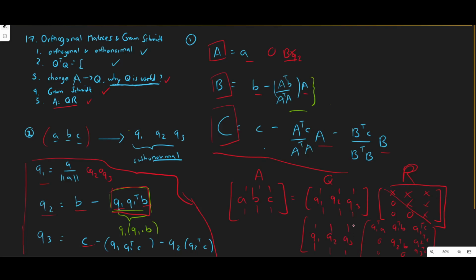Let me write this down. So that's all that I can explain to you about A equals Q multiplied by R.